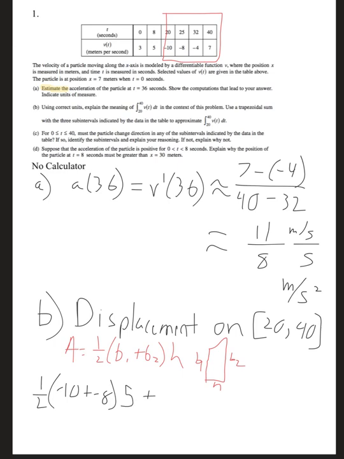Then do it again, 1/2, -8 plus -4, and my height this time is from 25 to 32 is 7. One more, 1/2, -4 plus 7, and from 32 to 40 is 8. Now I don't actually have to simplify that at all. I can just leave it like that. That's fine.